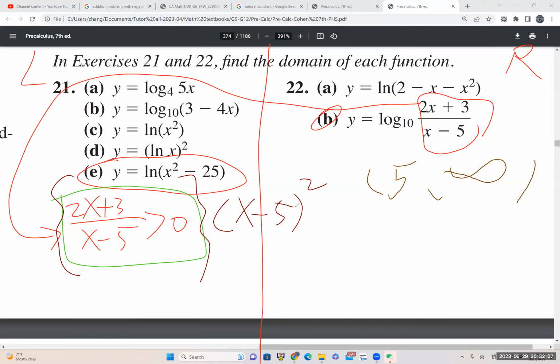So x minus 5 cannot be 0. That means its square is always positive. So for a positive number, I can multiply both sides without reversing. Then what do I get? 2x plus 3 times x minus 5. That's the left side, right? How about the right side?